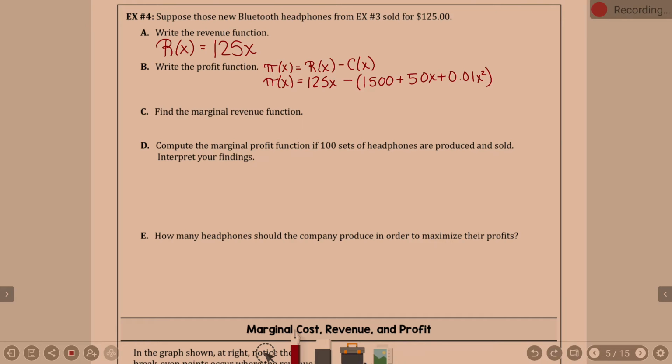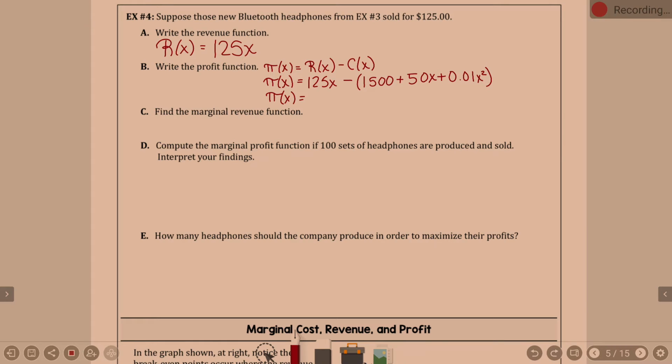Not that you have to clean it up, but it's a good time for me to talk about it. If we clean this up, 75x. Realizing we're subtracting everything from that cost function, I'm going to put it in either standard form or reverse standard form.